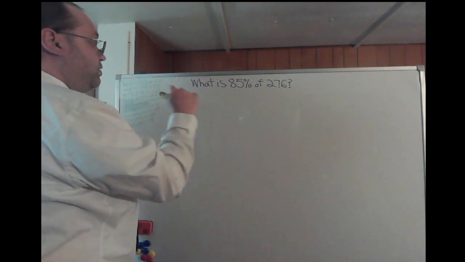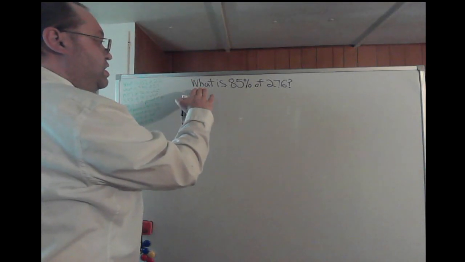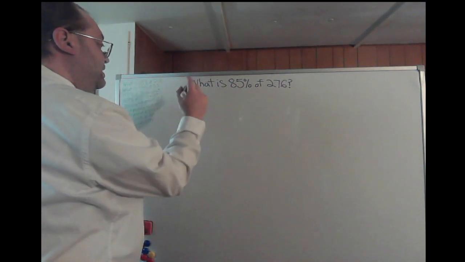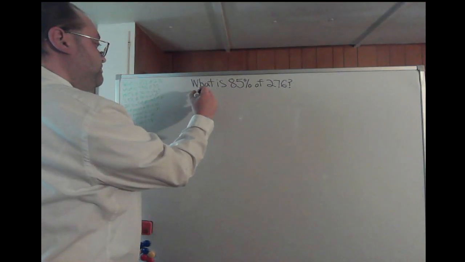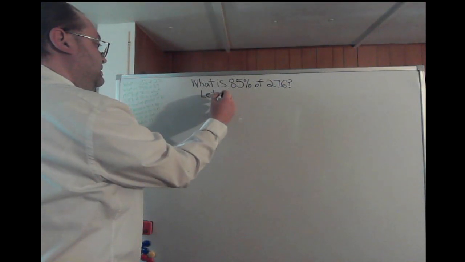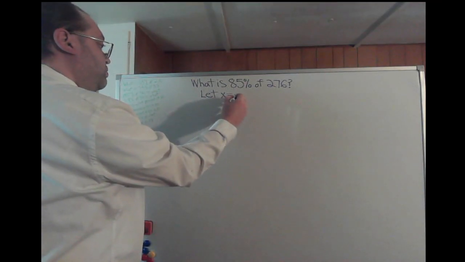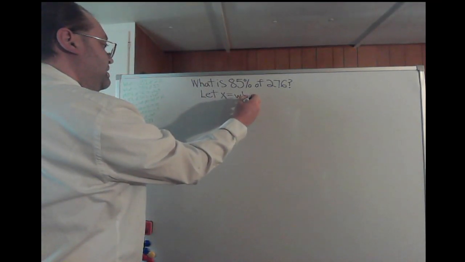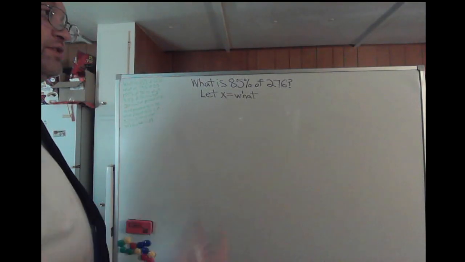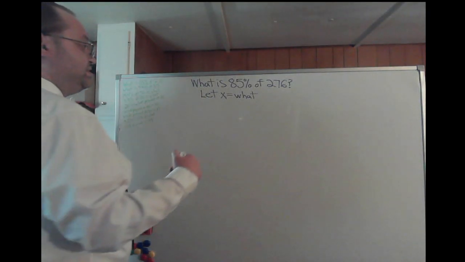So here's how it's going to work. Reread it again. What is 85% of 276? So the what is the unknown quantity. So let's use a let statement. Let x equal what? Pick any variable. You could pick p, you could pick t, you could pick w. I happen to be picking x.